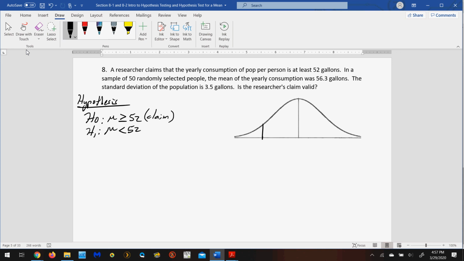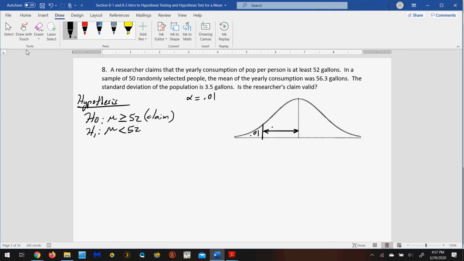For this, I'm going to use alpha as 0.01. So I have 0.01 inside here. Now yes, depending on what you choose for alpha, you could essentially get a different result. Sometimes it doesn't matter what you choose here, you'll always get the same result, and other times it could make a difference.